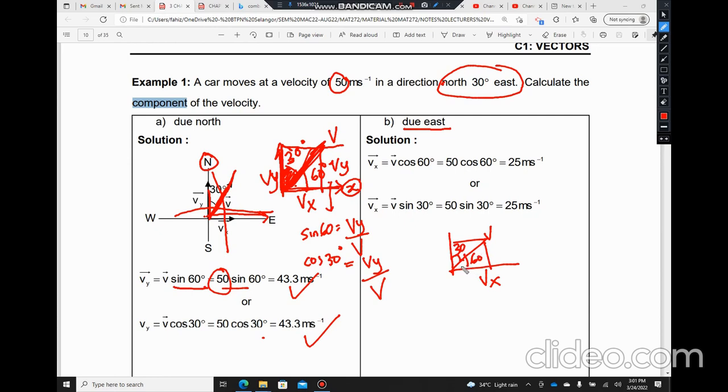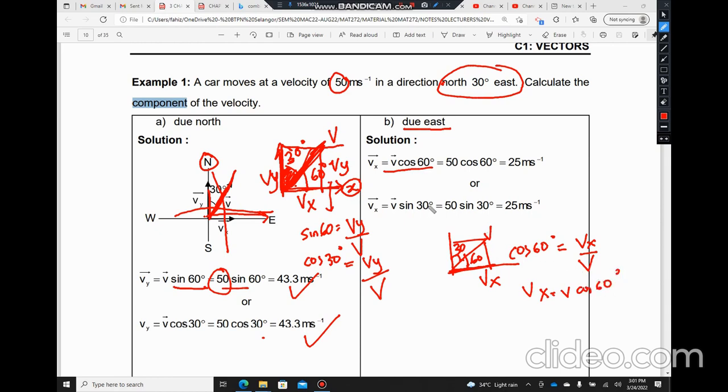So kalau Vx, maksudnya kalau kita nak ambil cos, dia akan jadi cos 60 equals to Vx over V. So that's why kita akan dapat Vx equals to V cos 60. Vx equals to V cos 60.